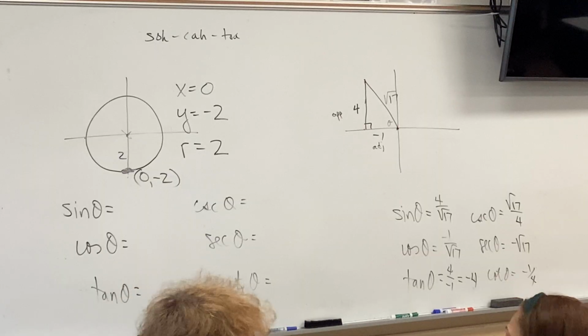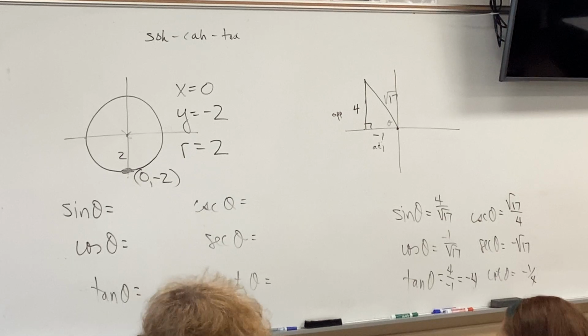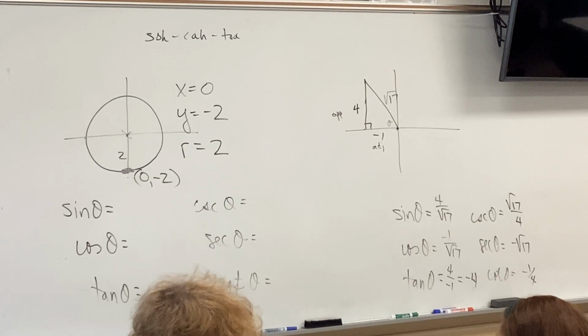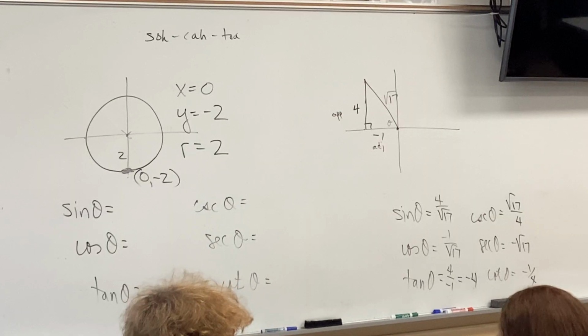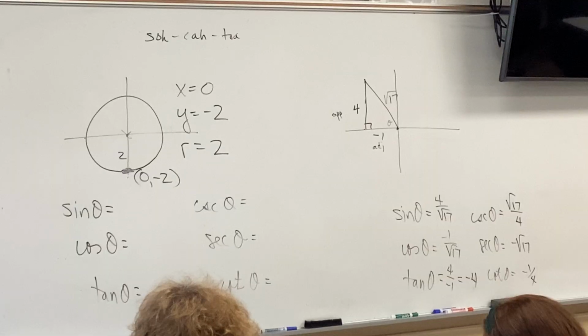Sine is y over r. Kids, there are 2 definitions for the sine. One of them is your triangle definition, opposite over hypotenuse, and one is your circular definition, which is y over r.